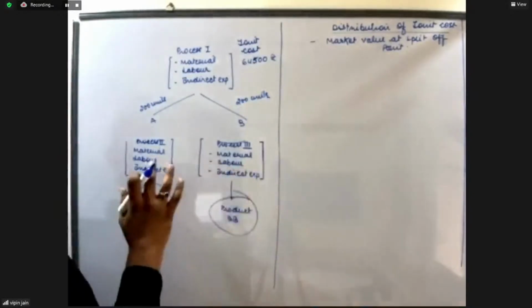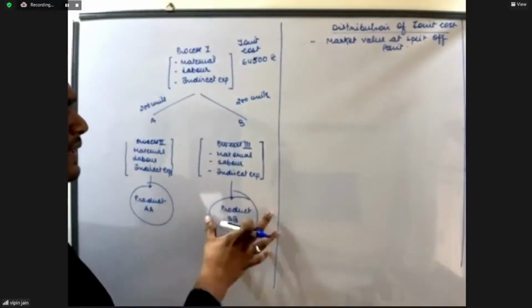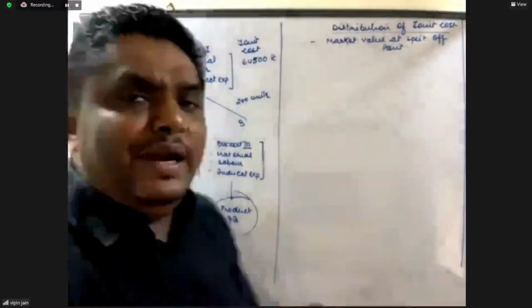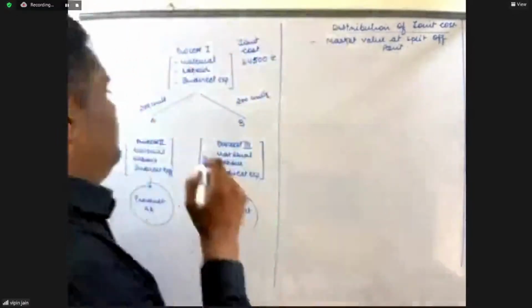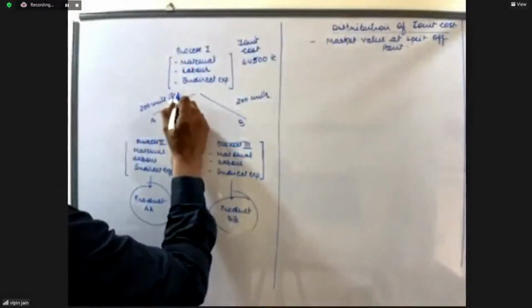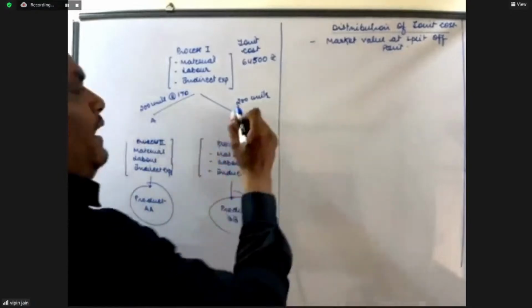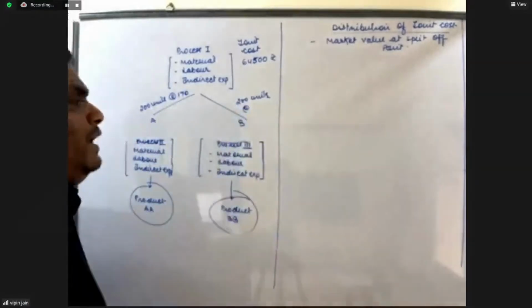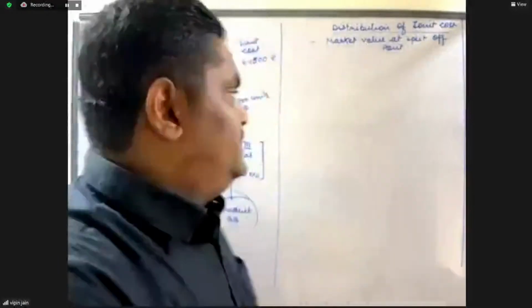These were further processed in process second and process third to get my final products, that is double A and double B. Now, let's say product A can be sold in the market at the rate 170. And let's say product B can be sold in the market at the rate 260.